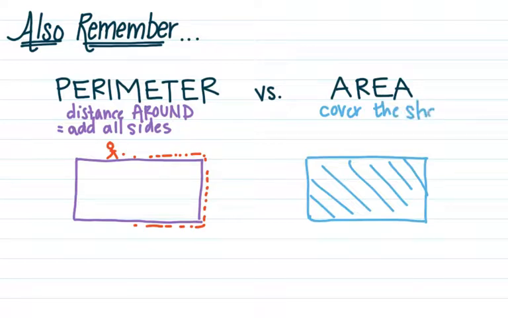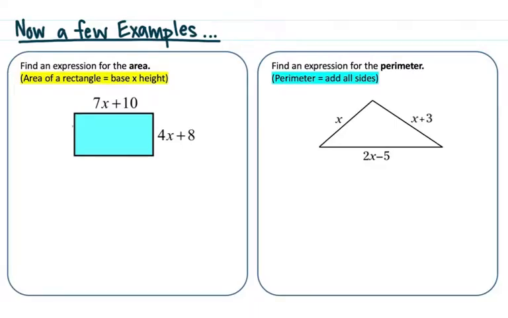Okay? Now, different shapes will have different formulas for areas. But often, if we do rectangles or squares, we would just say it's the base times the height. Sometimes we say length times width, base times height. It's the same thing.